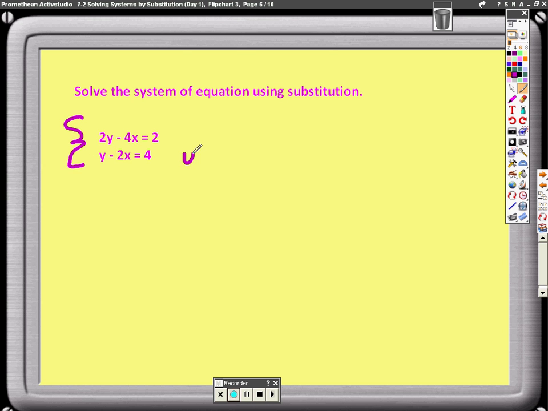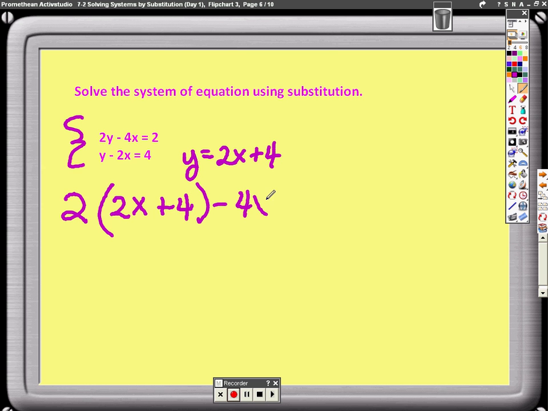So that equation is y equals 2x plus 4. If I'm really careful, I can notice something about the two equations, but I'm going to ignore that for right now, and I'm going to go ahead and use substitution. So I'm going to substitute that into the first equation. So it's 2 times 2x plus 4 minus 4x equals 2, and now I'm going to solve for x.